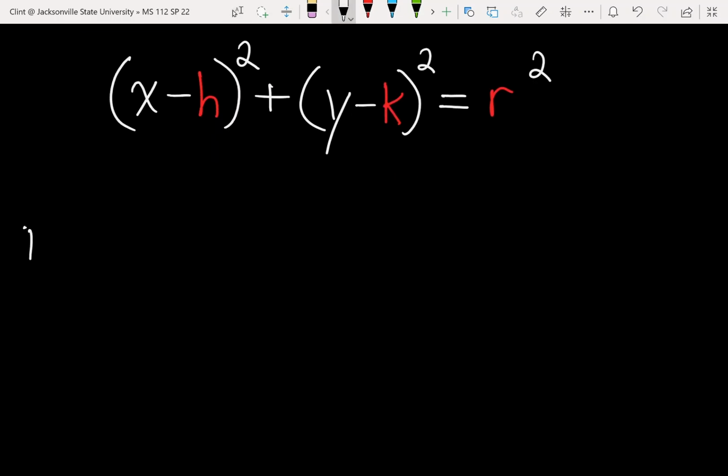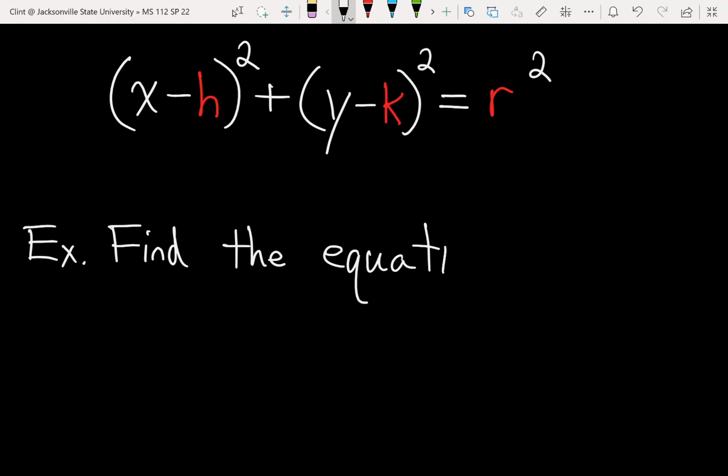So we want to find the equation of a circle.